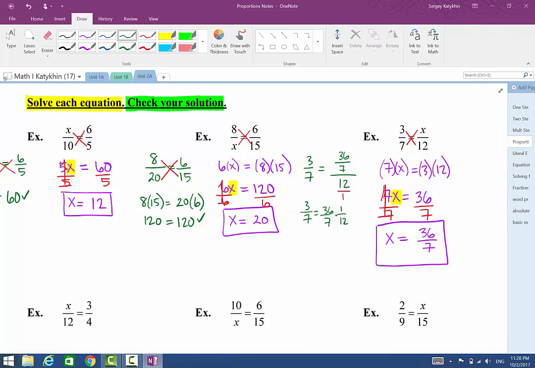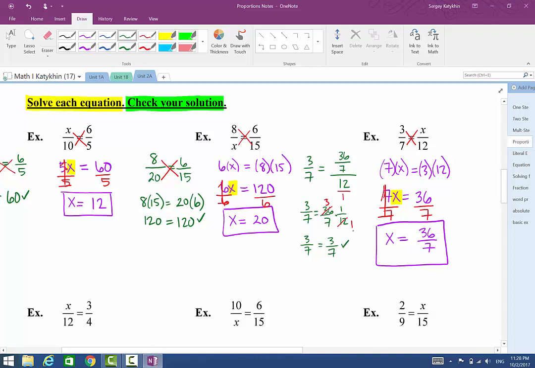Now, as you can see, we can simplify those, and you get 1, and this would be 3. So what we're actually getting is 3/7 is equal to 3/7.